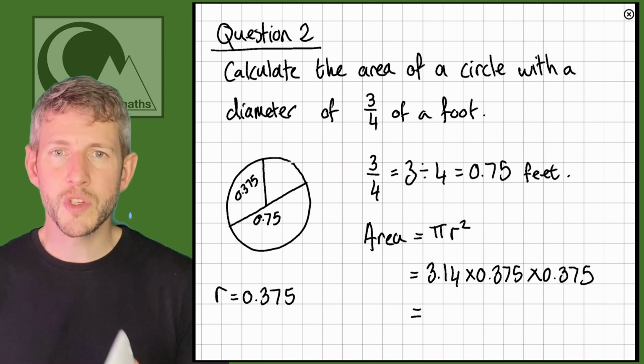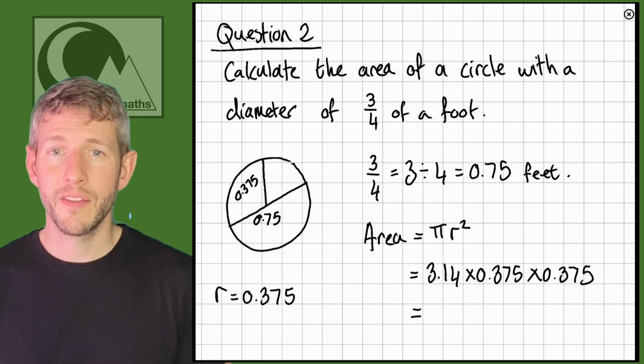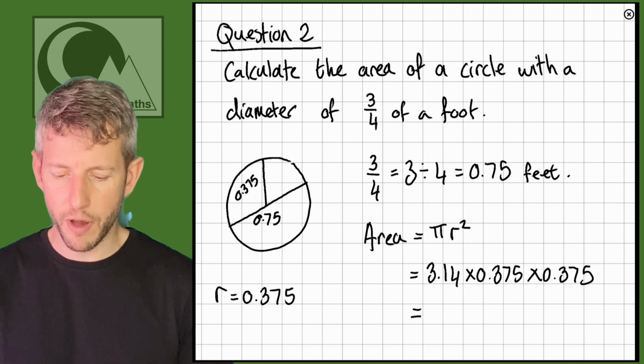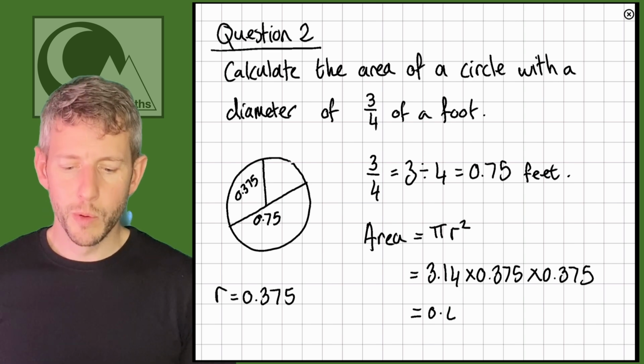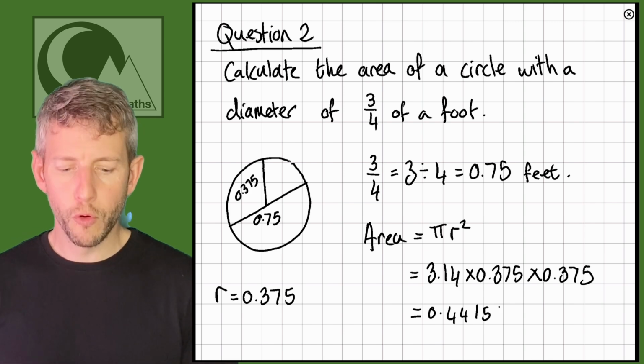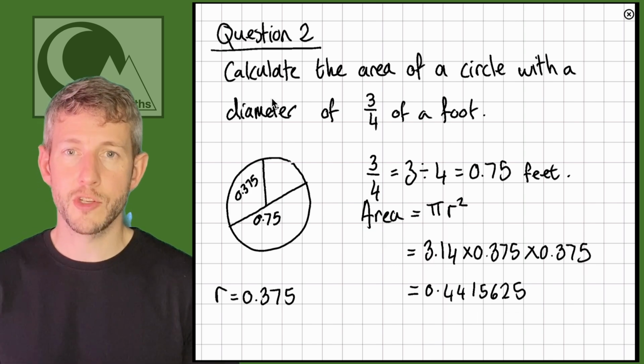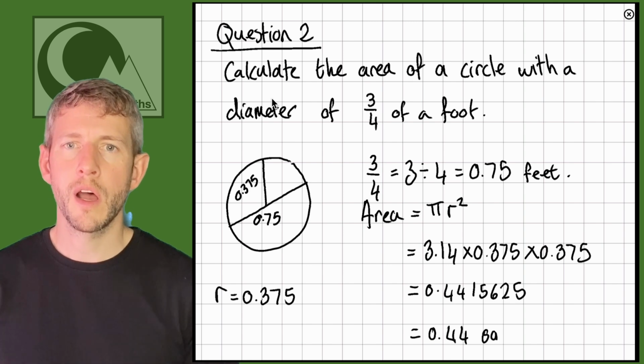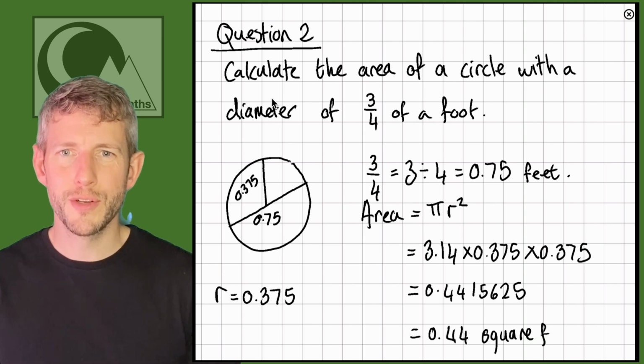Because remember, squared just means to multiply the number by itself. Okay, so let's type this into my calculator. 3.14 times 0.375 times 0.375, and that equals 0.4415625, which I'm going to call 0.44 square feet to 2 decimal places.